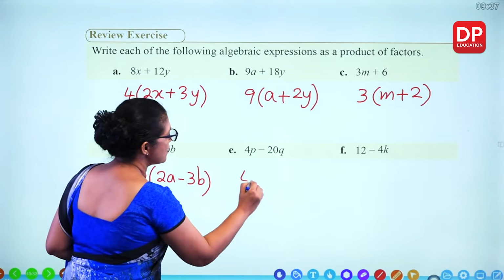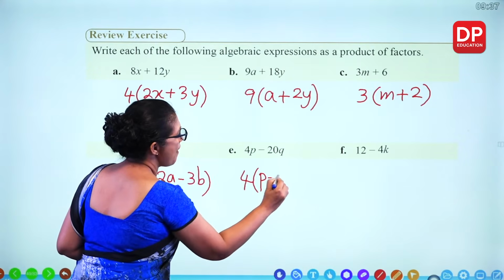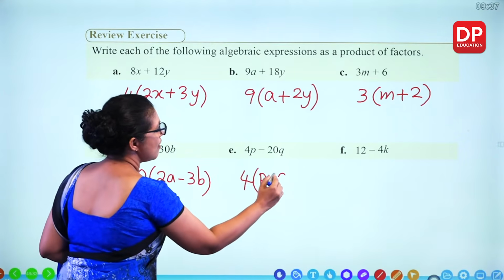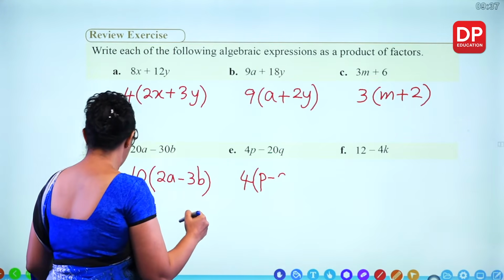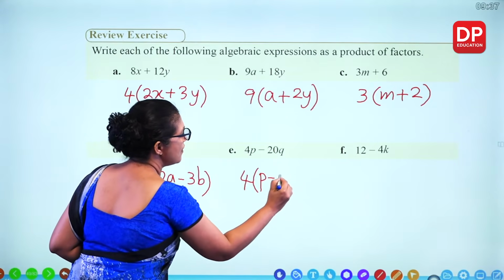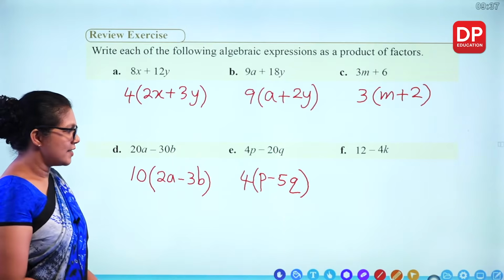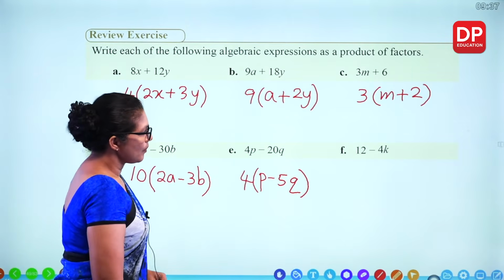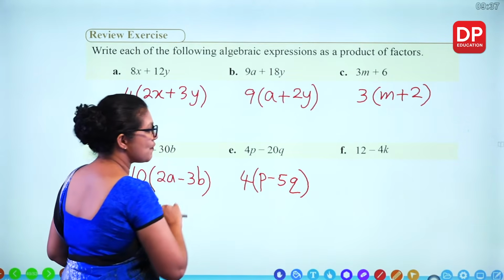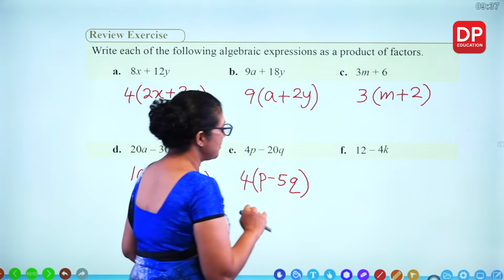This one, 4 is common. P minus 5q. So 4 times 5, you get minus 20. 4 times minus 5, you get minus 20.